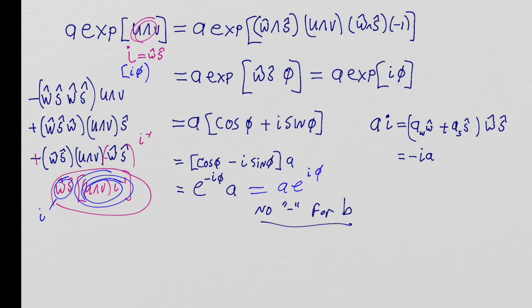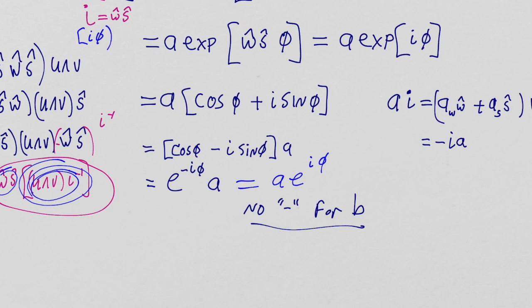So the point is a vector neither commutes nor anti-commutes with this exponential, right? It just goes through the exponential, but the exponential changes its sign. You're changing the sign in the exponent. For it to truly anti-commute, you would have to change the sign overall. So it's a slightly different form, but we know how to commute a and e to the I phi. The sign changes in the exponent.